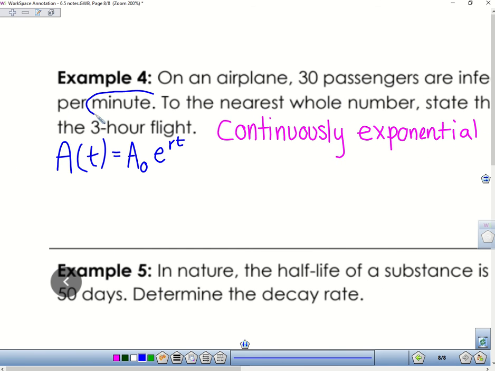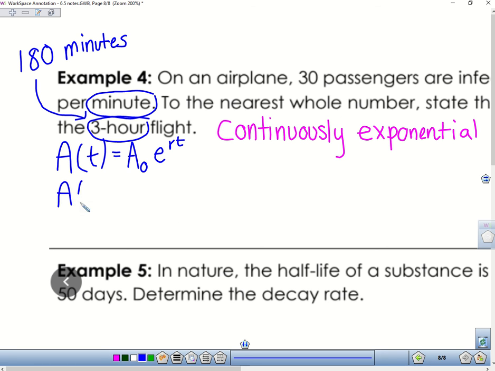So the virus spreads at a rate per minute, but the flight is 3 hours long. So can I just plug in 3 for t? No, I have to convert the time of the flight to what? Minutes. How many minutes is 3 hours? 180 minutes. Good. So does everybody understand why I need to convert the flight time to minutes? Okay, good. It would be a lot harder to convert the rate, so we always convert the easier unit.